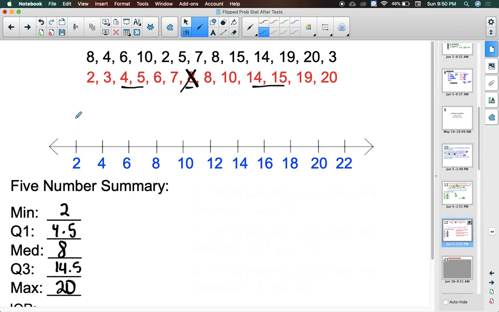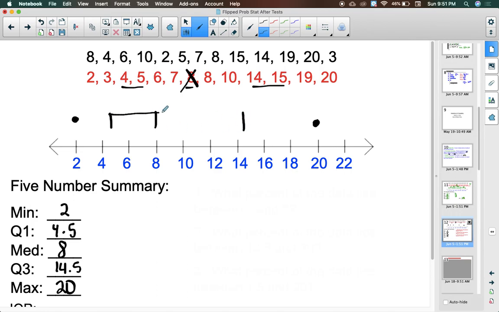Remember, the minimum gets a dot. Here's my dot. I counted by 2's on my number line this time because my data was closer together. My maximum is 20. That also gets a dot. And my 3 quartiles get plotted with vertical lines. So 4.5 is right about here. 8 and 14.5 is right about there.